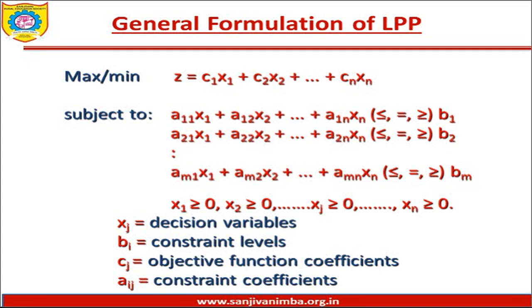And secondly, A21x1 plus A22x2 plus up to A2nxn less than or equal to or greater than or equal to B2, and so on. And on the basis of the non-negativity conditions like x1 is greater than or equal to 0, x2 is greater than or equal to 0, so on and so forth, where xj is a decision variable, bi is a constraint level, Cj is the objective function coefficient and Aij are nothing but the constraint coefficients or constants.